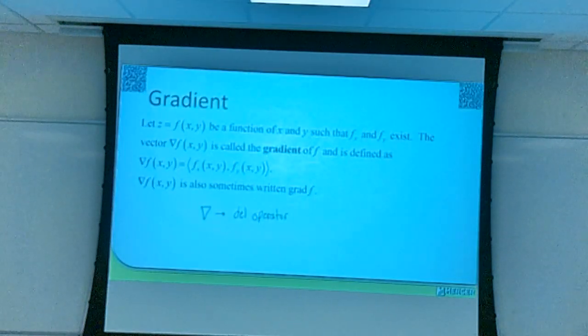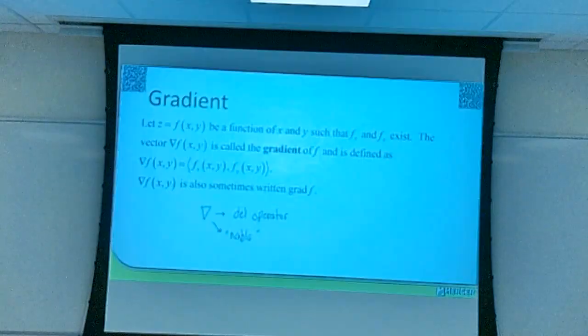I don't know why they call it the del operator. Because that's a nabla. Isn't the partial derivative symbol del? Right, but we'll typically read that as del f to mean the gradient, even though it's actually nabla.